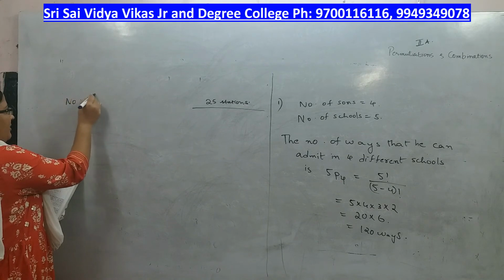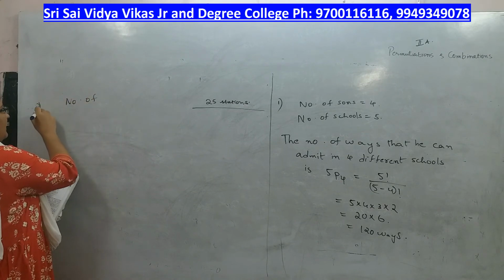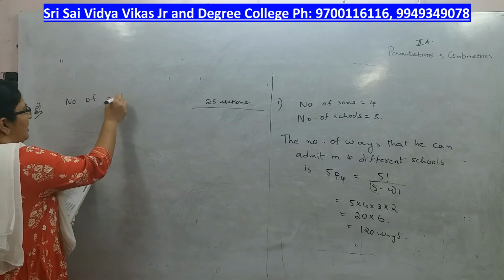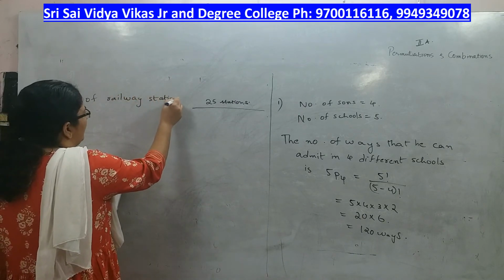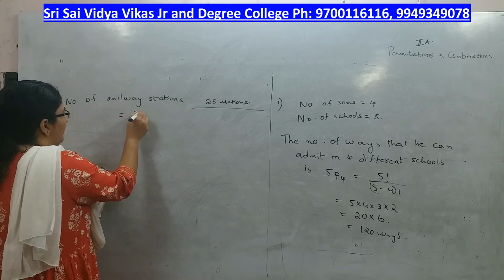The number of railway stations is equal to 25.